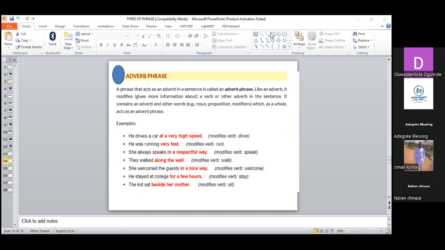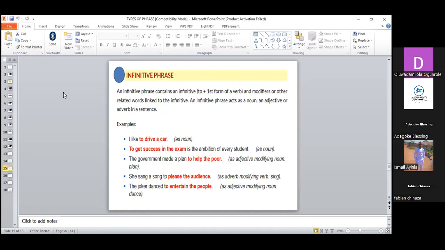Then we move on to the infinitive phrase, where we talk about a verb in its infinitive form with a component added to it, working as a noun in a sentence, either as the object or as the subject. Sometimes it works as an adjective, and sometimes as an adverb.